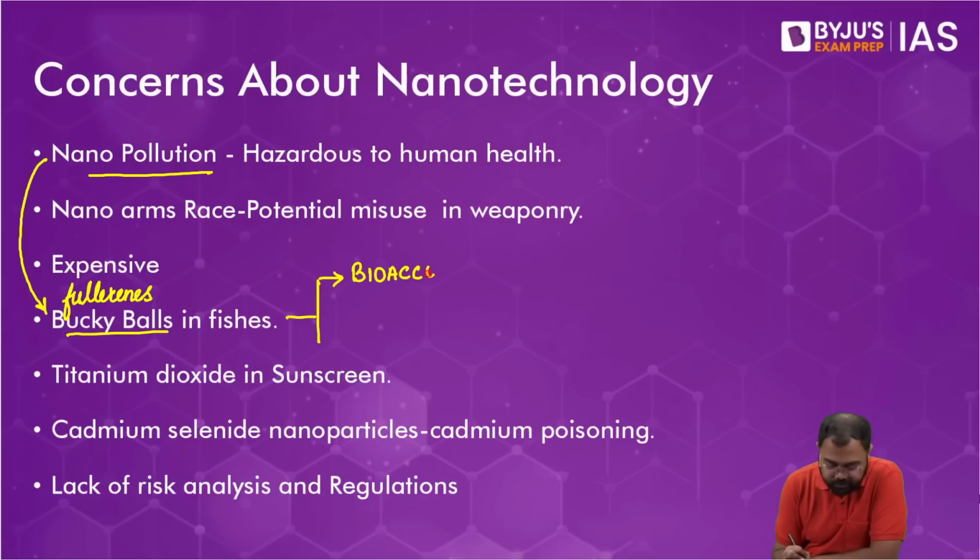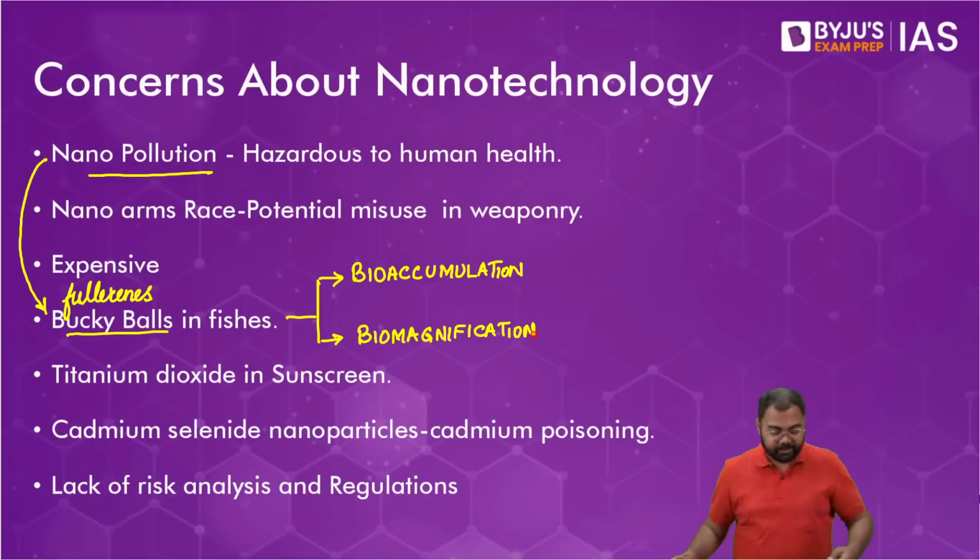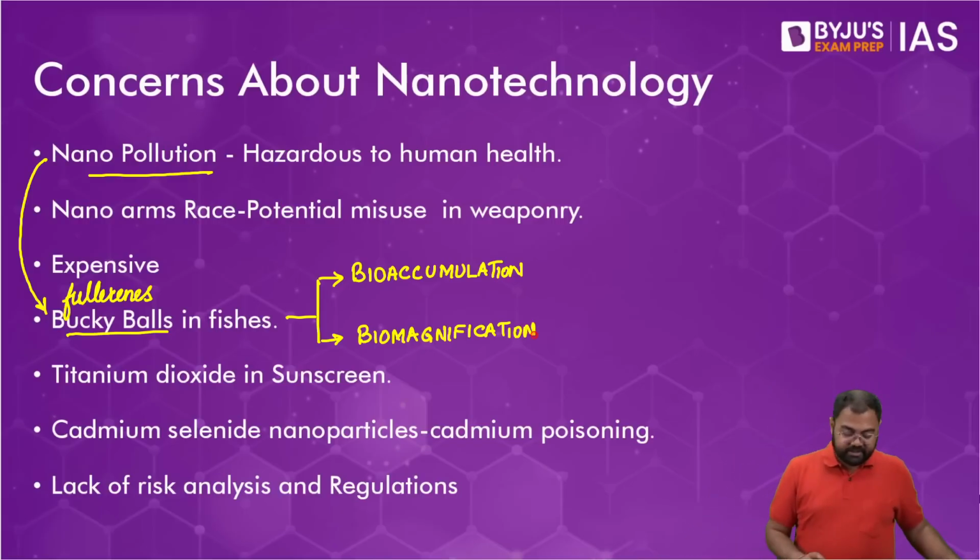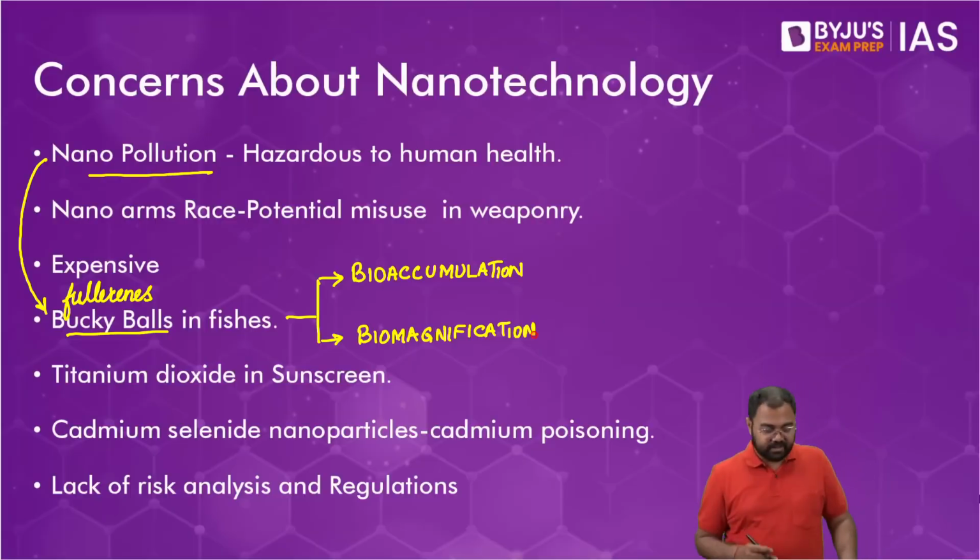bioaccumulation and biomagnification. I'm sure that both of these topics you will cover in detail when it comes to your environment and ecology. Because of that, we see that there will be an increase in their levels.